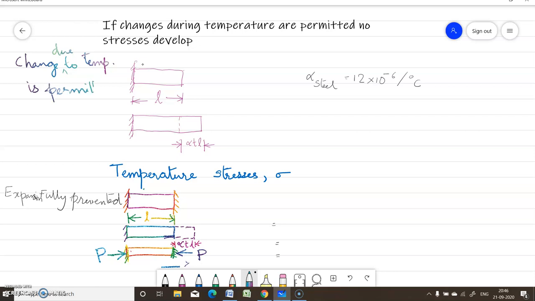That is, if a member is subjected to an increase or decrease in temperature, and if it is allowed freely to expand or contract, what will happen?